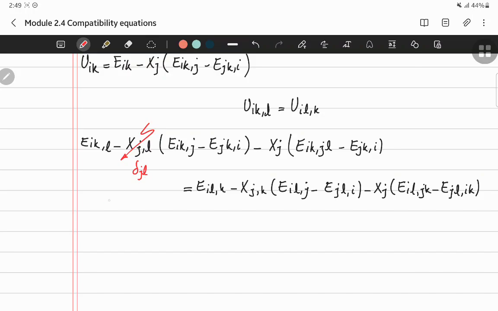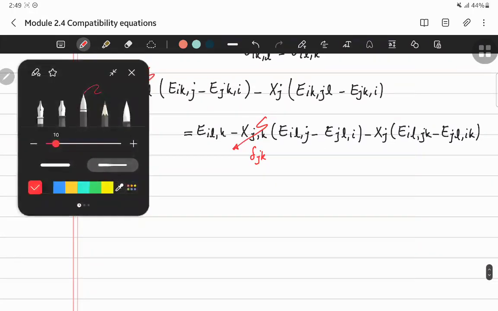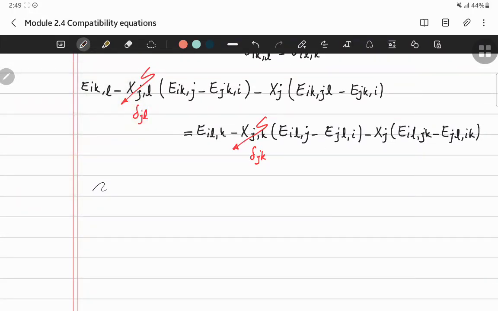Otherwise, it is zero. For example, if you have j as 1 and l as 2, something like u_1, x_1 with respect to x_2, this is 0. But if j and l are equal, this becomes 1. Therefore, we replace it with delta_jl, and this one can be replaced by delta_jk.